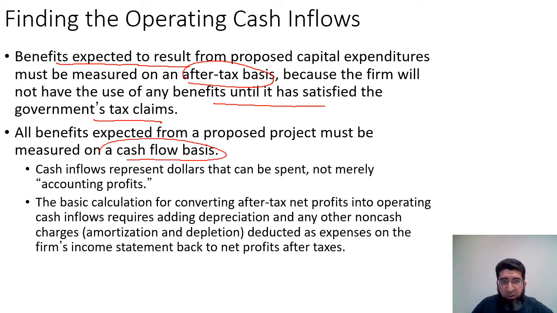So we are not looking at accounting profits, we will look at the dollars, which means that we are going to add back the non-cash charges, for instance depreciation, amortization and depletion, to the net profits after taxes to bring the accounting statement to a cash flow statement.